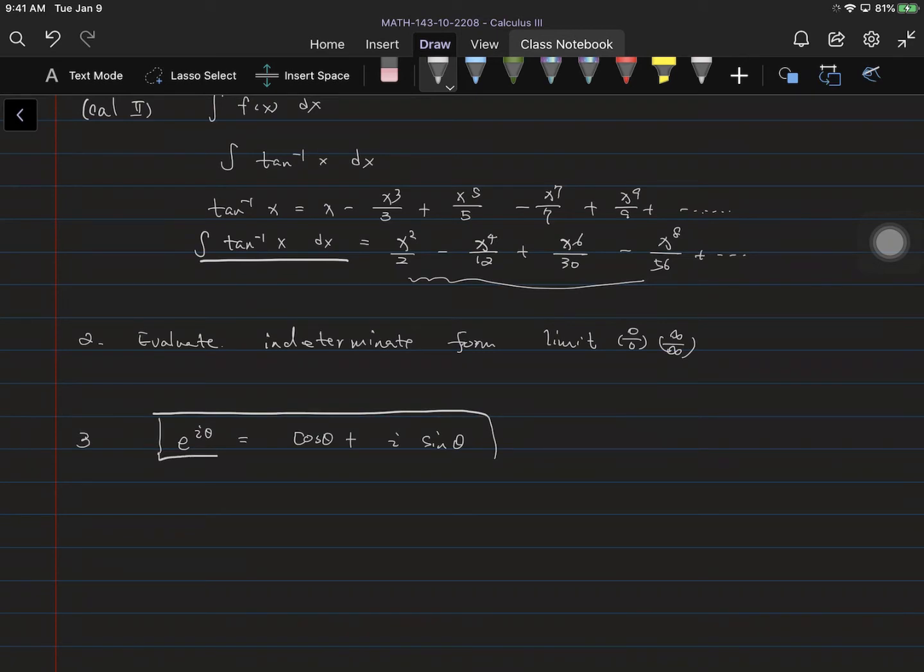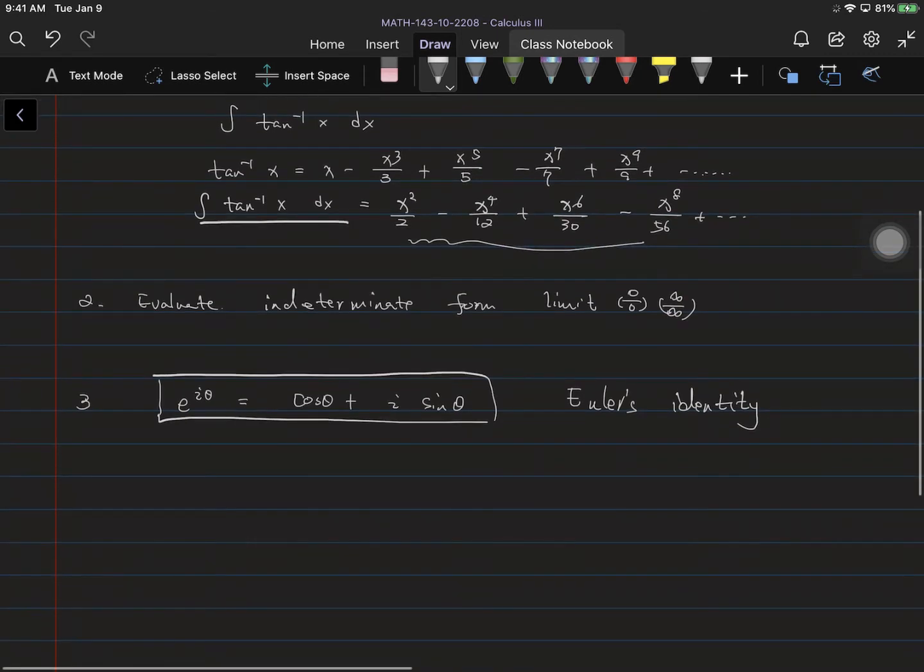This is called Euler's identity. This is very useful in engineering. That means we can express a complex number by using two parts, real part and imaginary part. So let's take a look at why we have this.